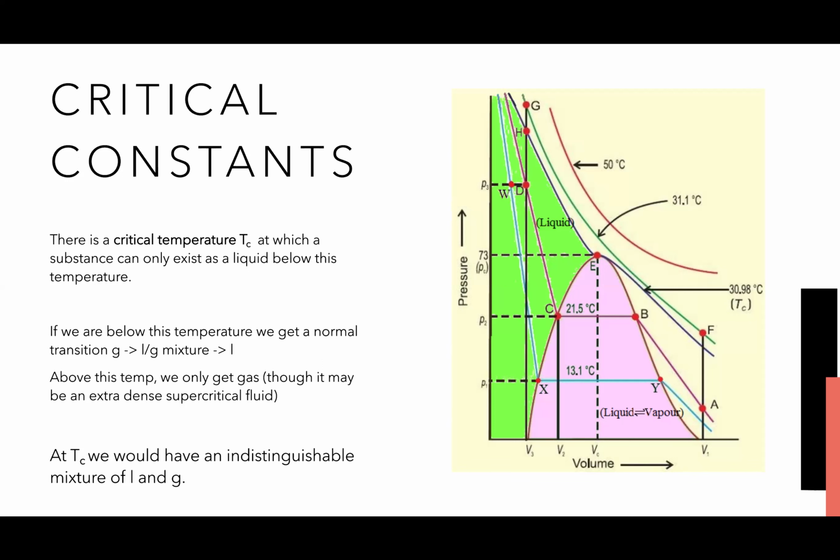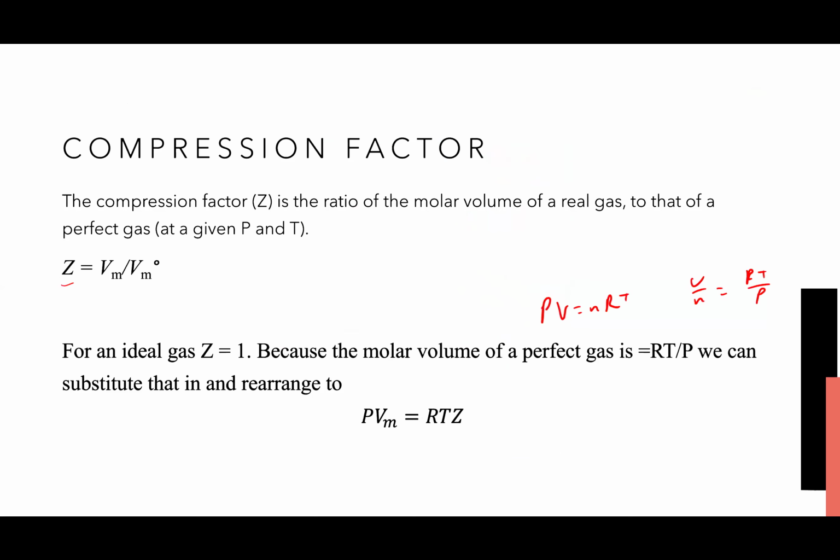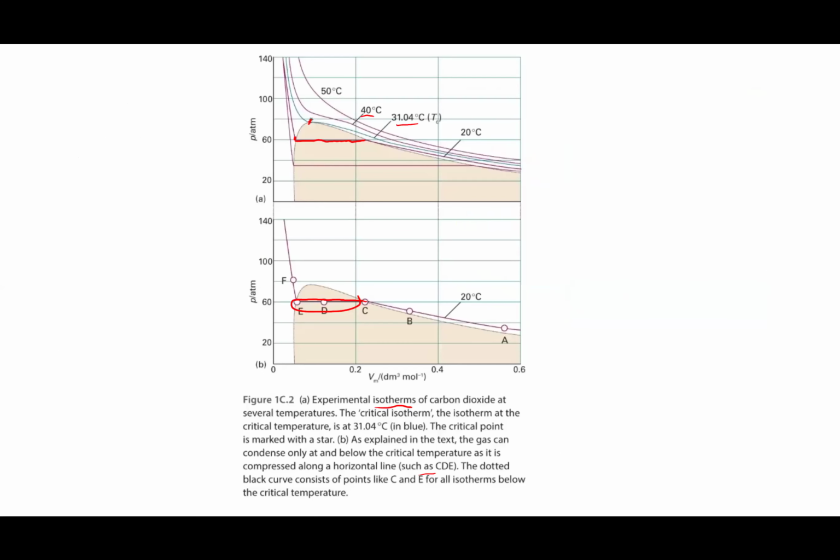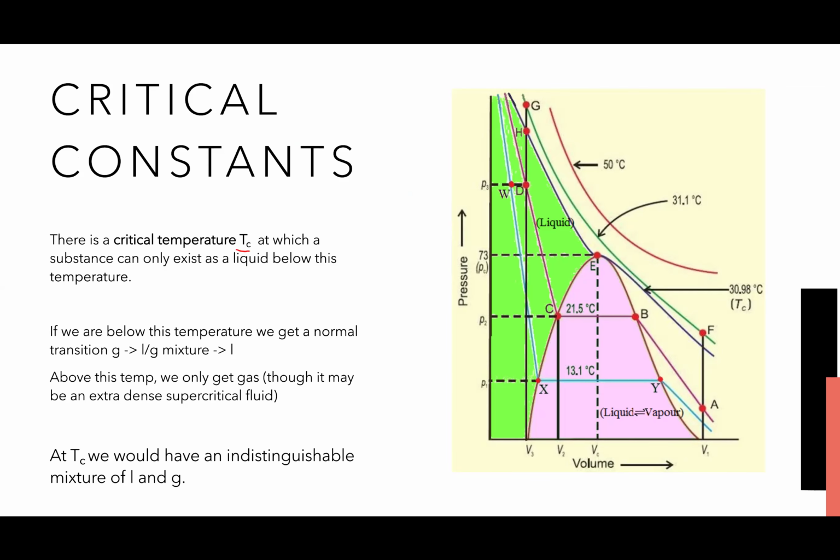All right. Again, all of our gases here, we already talked about the critical temperature, which is what we just saw, 31.0 degrees Celsius for carbon dioxide. Well, there are also going to be critical constants for every other factor that a gas would undergo.